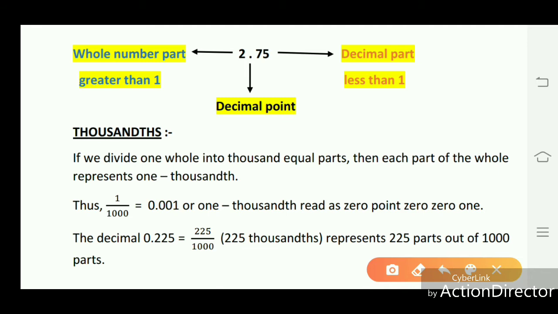So here in 2.75, 2 is the whole number part, greater than 1, and 75 is the decimal part, less than 1, and the dot between these two numbers is the decimal point.